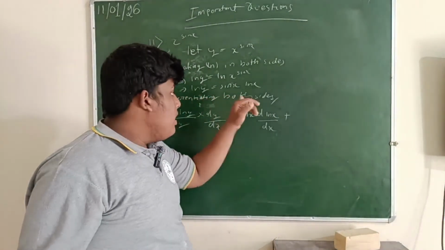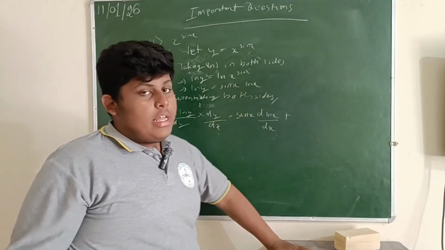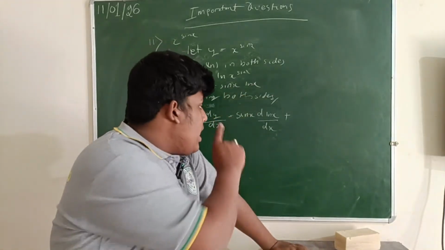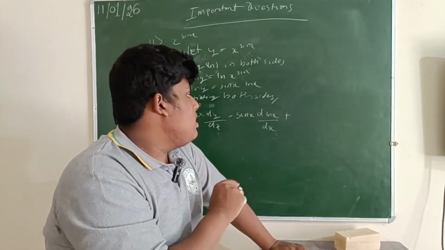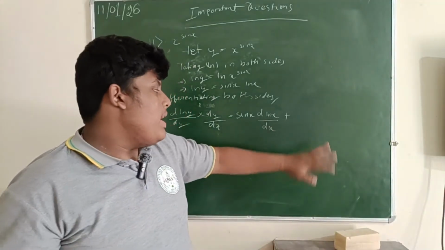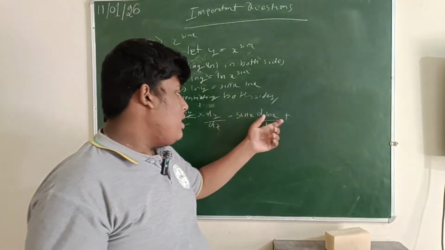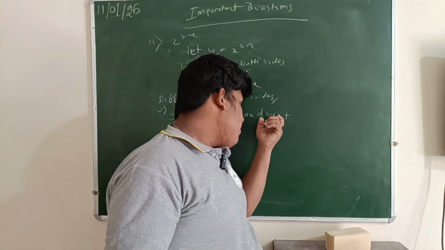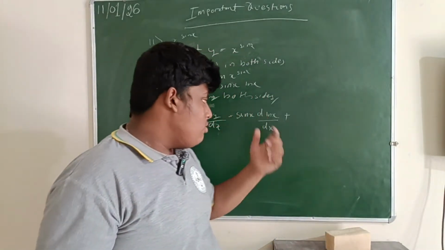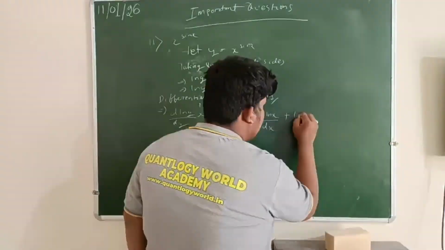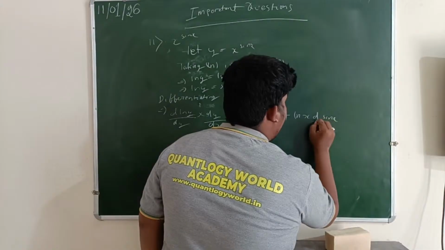The product rule says that if the first function is f(x) and the second function is g(x), then the derivative of f(x) into g(x) is f(x) d by dx of g(x) plus g(x) d by dx of f(x). Means first we take f(x) outside and find the derivative of g(x). In the second part we find the derivative of f(x) and take g(x) outside. So plus ln x d sin x by dx.